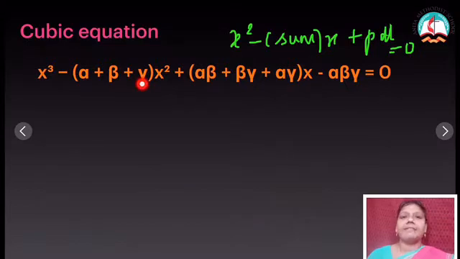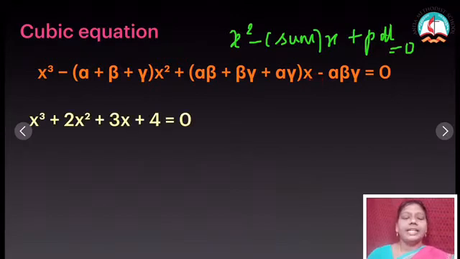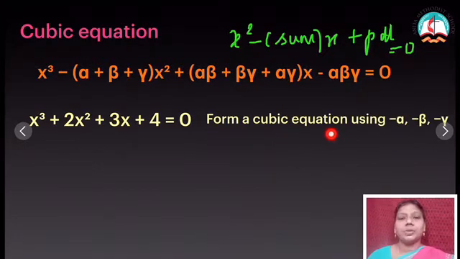Or else, if I need to find the roots, I can apply this concept. If the equation is given to me, I can identify these things from the given equation. Now let me see the example: x cube plus 2x square plus 3x plus 4 equal to 0. So I can compare these things, right? This one always represents the sum of the roots, with a sign change: minus alpha, minus beta, minus gamma.